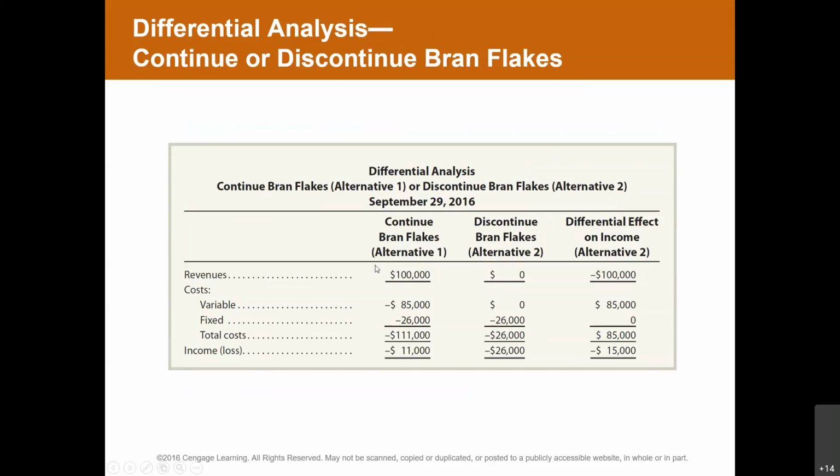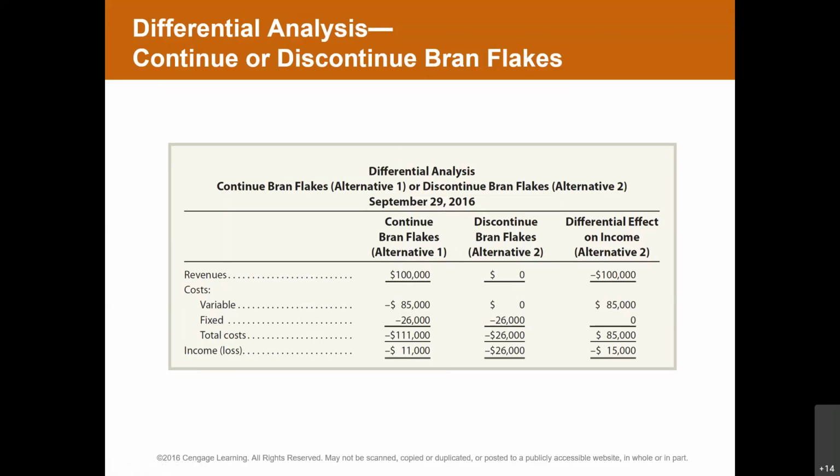So if we continue, we'll continue to earn $100,000 in annual revenues. Our variable, fixed, and total costs would remain the same, and our loss will continue to be $11,000. Now, here's an interesting point. If we discontinue the Raisin Bran, of course, our revenues will drop to zero because we won't be making revenue from something that we've discontinued.